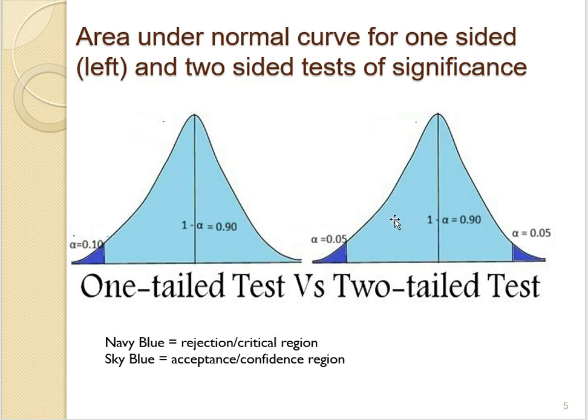But in case of two-sided test, we would have alpha divided in two parts. One is alpha 0.05 on the right side and alpha 0.05 on the left side, and confidence region or acceptance region is same in both cases. So this gives you pretty much of an idea what one-sided or two-sided test means.